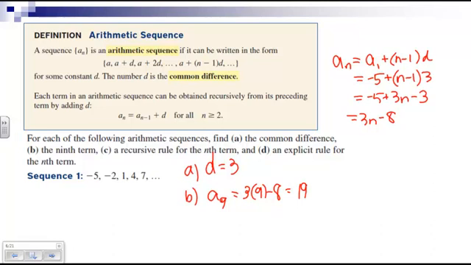Oh, I guess I didn't do it the way they wanted us to do it. We found the explicit rule and used it to find the 9th term. And then in part D, they asked us what's the explicit rule. Okay, let's just get the recursive rule out of the way. What's the recursive rule for this particular problem?